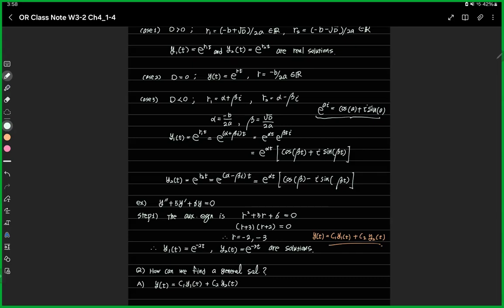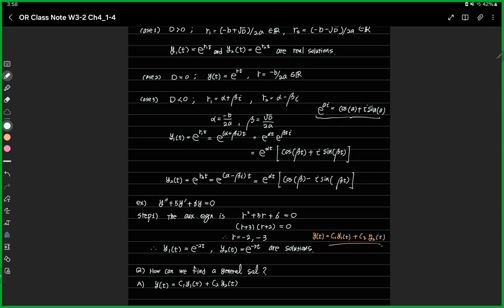So we'll talk about this one later too. Basically, the idea is this: you're gonna find another solution which cannot be expressed through y1, which means that multiplying y1 by a number won't give you y2.